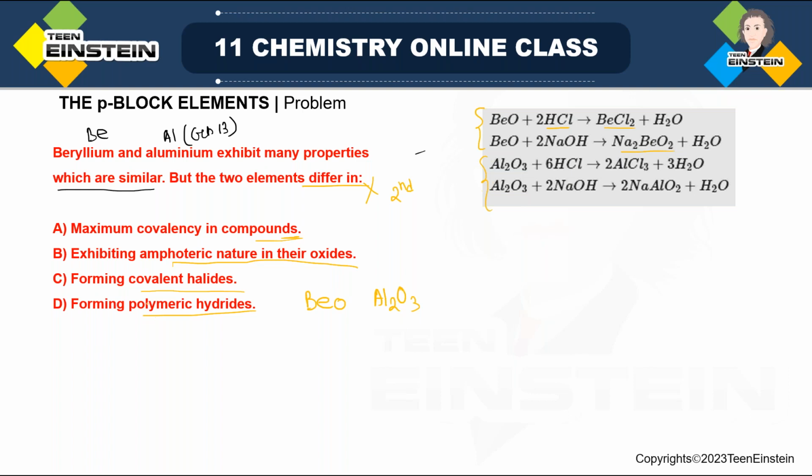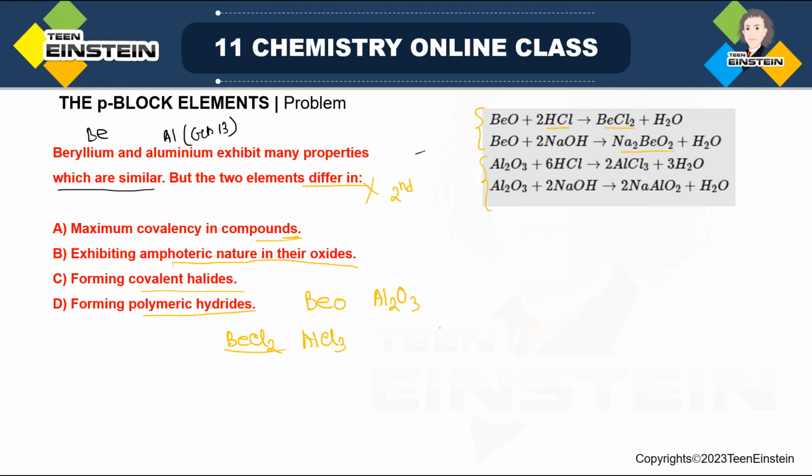Then forming covalent halides. Now the halide of Be is BeCl2, and the halide of aluminium is AlCl3. Now BeCl2, in the S block chapter we have seen there is some covalent nature present, because Be, which is the first element of group 2 in S block, has some covalent character, unlike the other members.